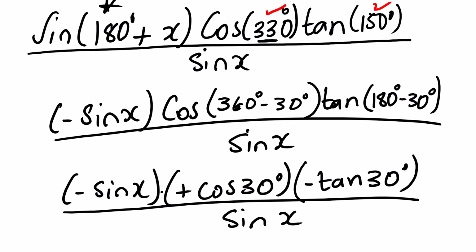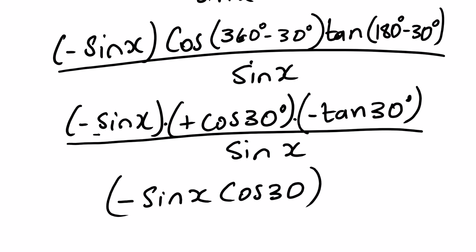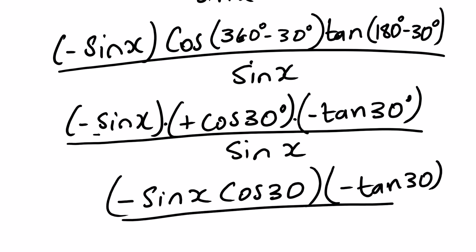Now if you can check, remember between the brackets it's multiplication. So negative sine x multiplied by positive cos x. Let me take it step by step. Negative sine x multiplied by positive cos 30, it's negative sine x cos 30, all over sine x.